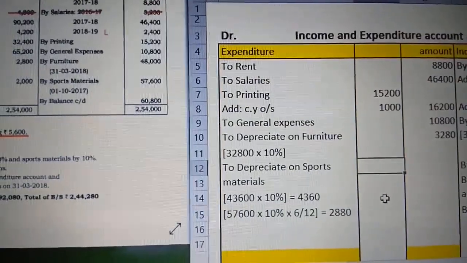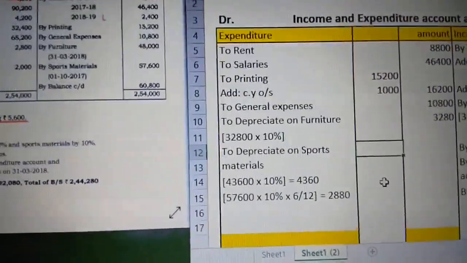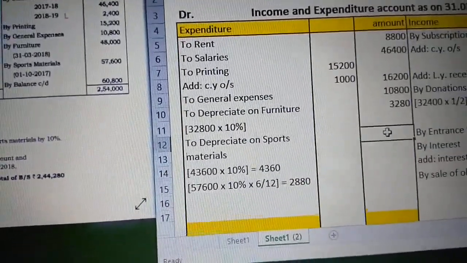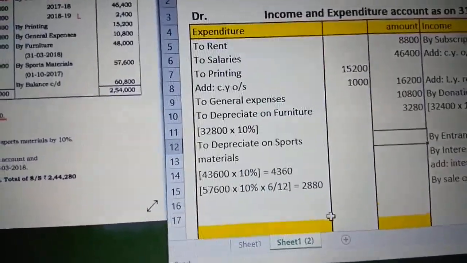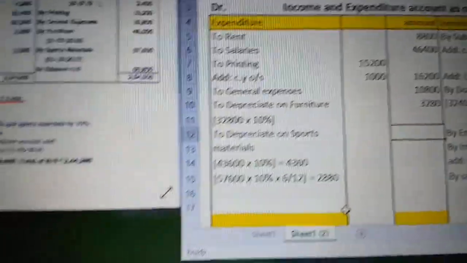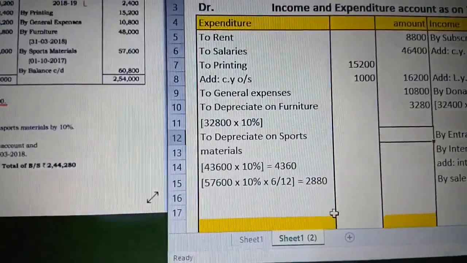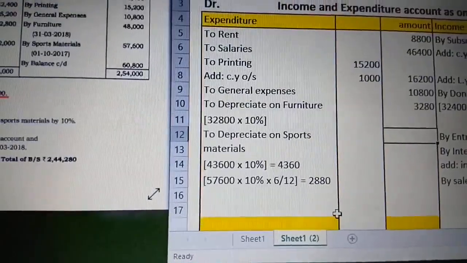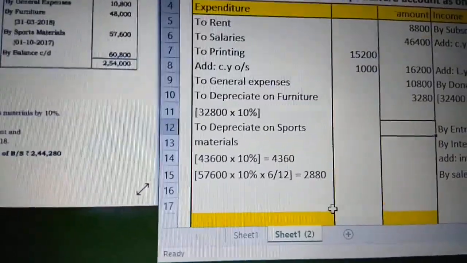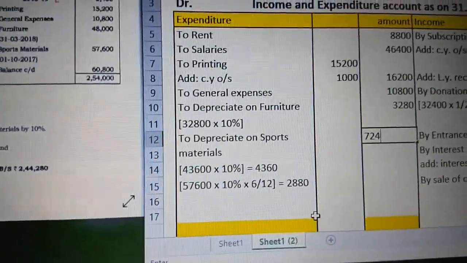So the total amount, I'm going to take it in the outer column, the depreciation value. I have to add both. 4,360 plus 2,880 gives me 7,240.